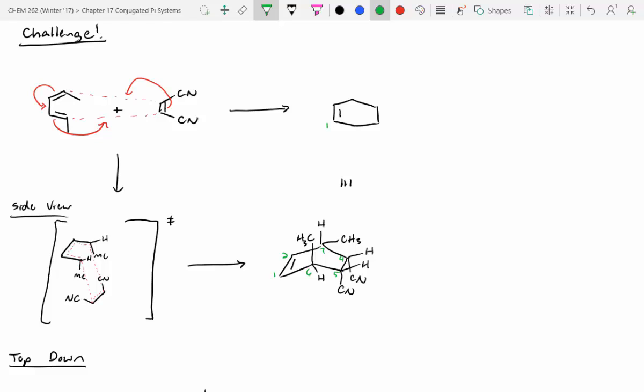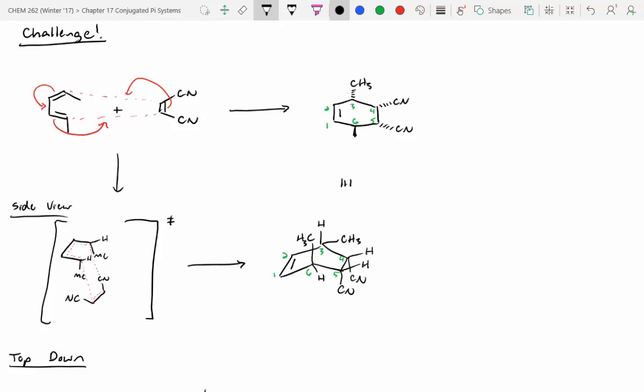And then 1, 2, 3, 4, 5, and 6. So in that 3 position, should the hydrogen be a dash or a wedge? A wedge, right? It's coming out closer to your eye. So that means that the hydrogen, on the other hand, must be a dash. These nitrile groups are pointed down, so I'm going to make them dashes too.